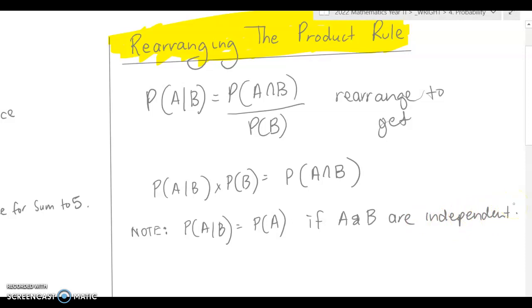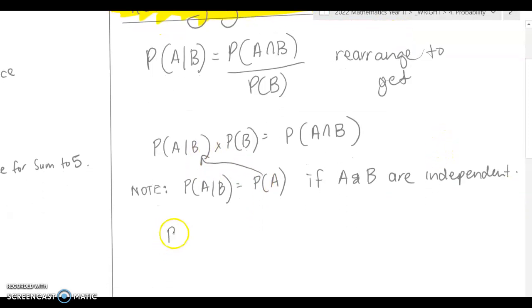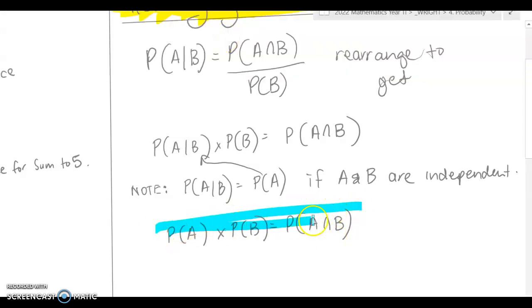So what I could do is substitute my probability of A in where I have my probability of A given B. What I will end up with is that my probability of A times my probability of B will be equal to my probability of A and B. Now have a look at that rule that I've just written. I'm going to highlight it. Does that look familiar? I'm hoping it looks familiar.